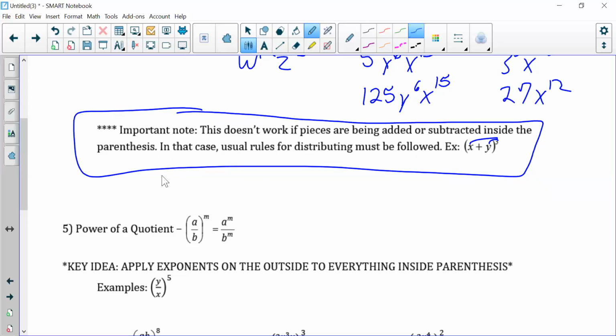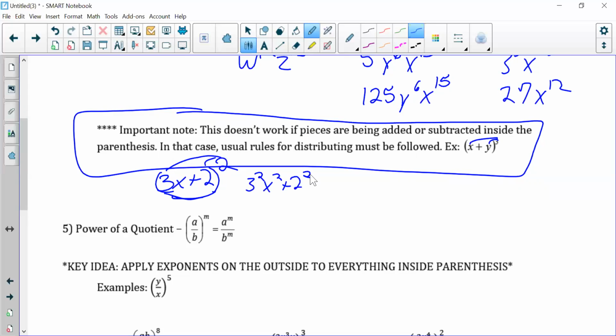Another example, if I had 3x plus 2, and I said squared, I can't just distribute this, because what does squared mean? Squared means I'm taking everything inside the parentheses times itself. So if I just distributed the exponent, I'd end up with 3 squared x squared plus 2 squared.